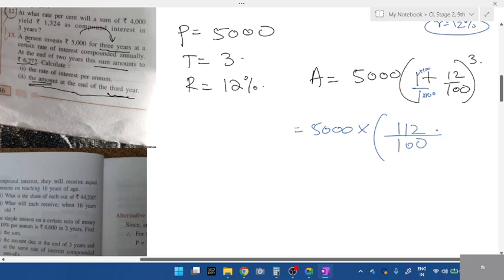Yes. How many times is 112 multiplied? 3 times. You can even do it like this. Reduce it later. Instead of reducing it in the beginning, do it like this.